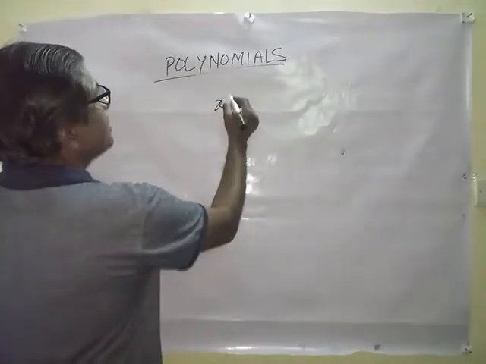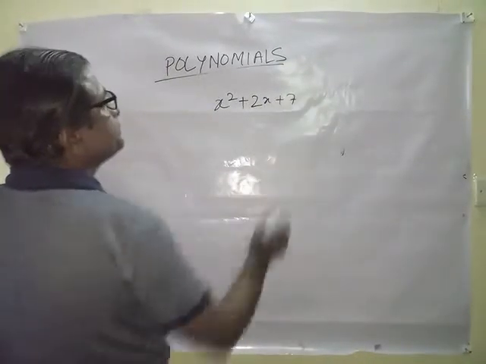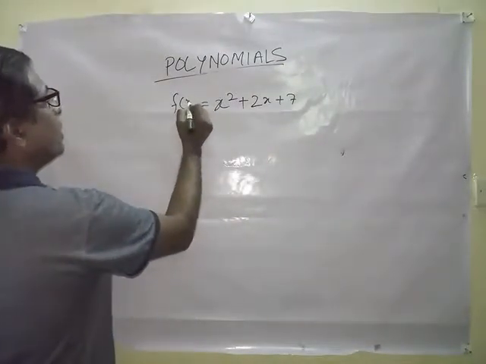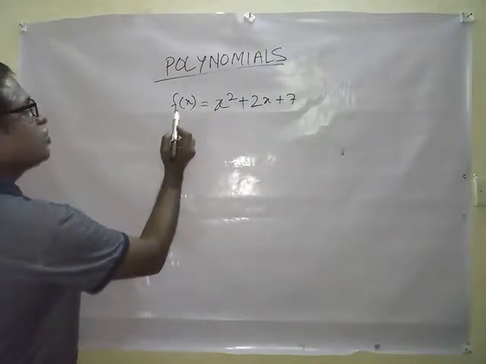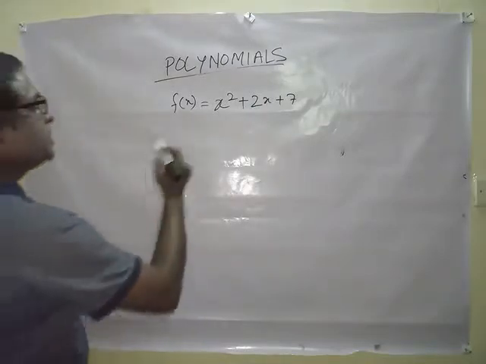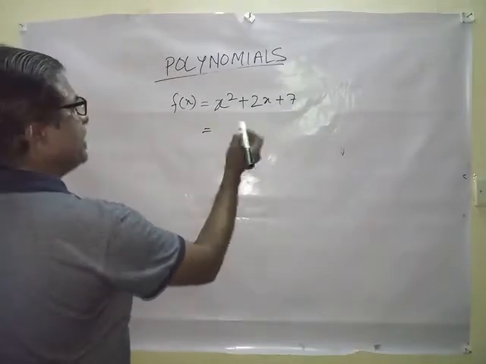Suppose there is x square plus 2x plus 7, we represent it with f(x). That means it is a polynomial equation of variable x. Similarly, f is one thing, you can use any term.